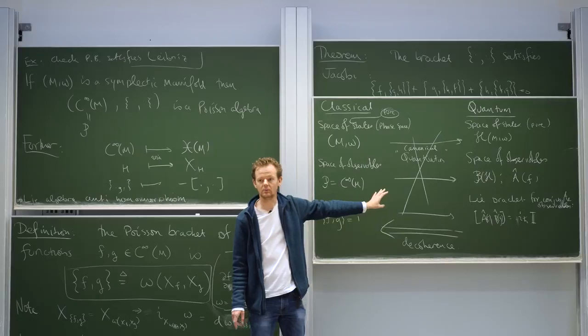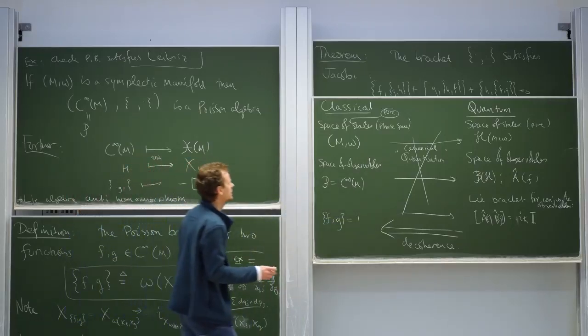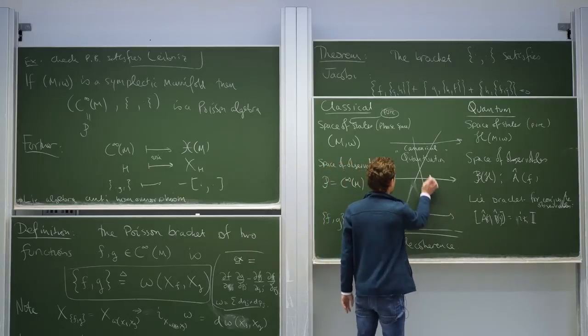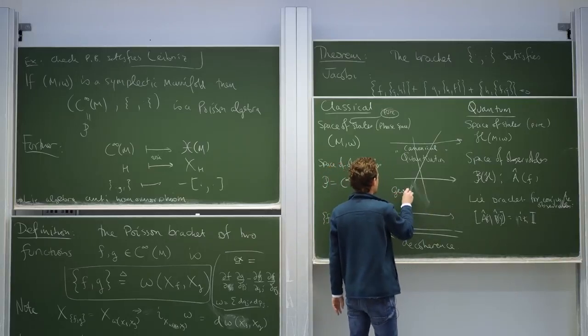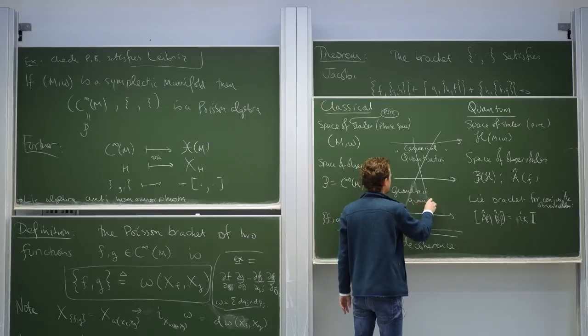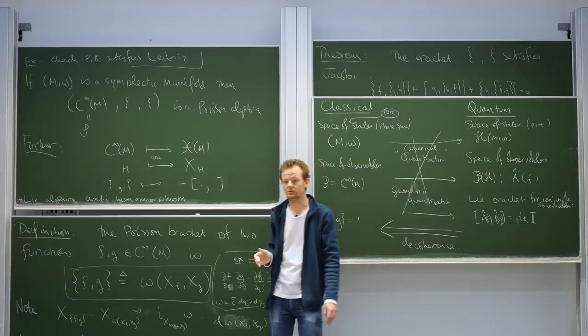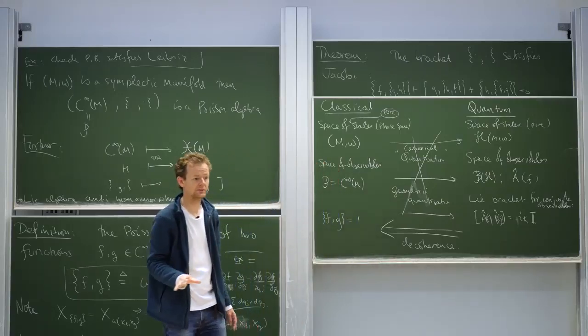There are many quite amazing results where people have attempted to study this. There's a program known as geometric quantization. It actually leads to some very beautiful maths and some very interesting physics.